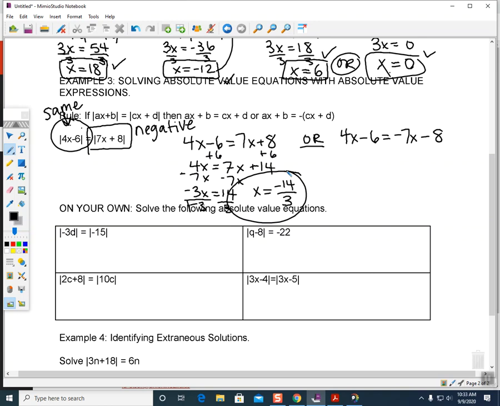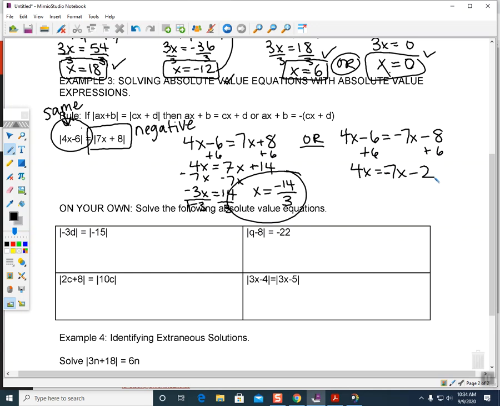All right, do the same thing over here. Add 6 to both sides. I'm left with 4x equals negative 7x minus 2.